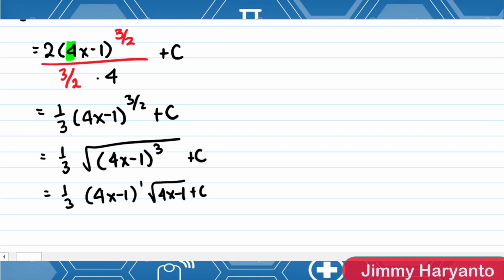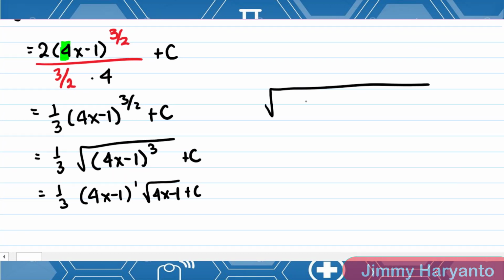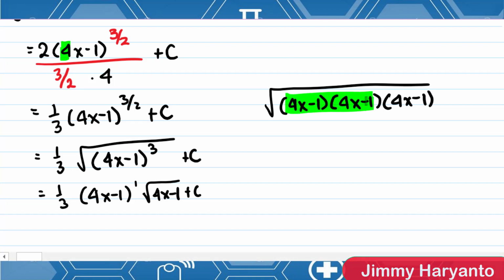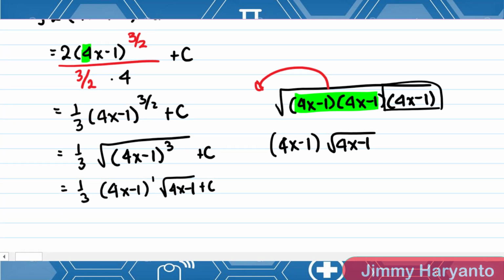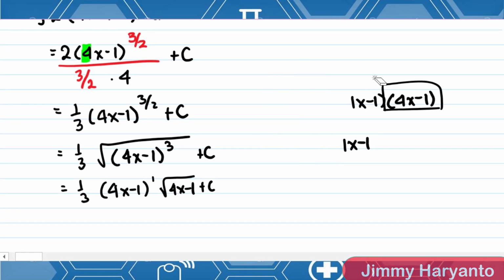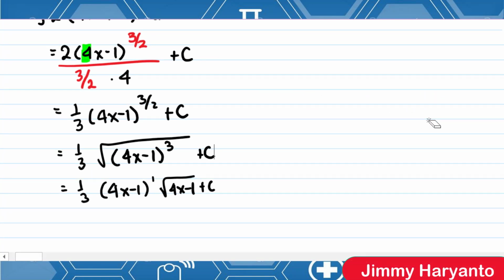You have 4x - 1 thrice in the square root. This one can go out of the square root, it will be 4x - 1, and this one cannot, so it's still in the square root. Just like that to simplify power 3 over 2.